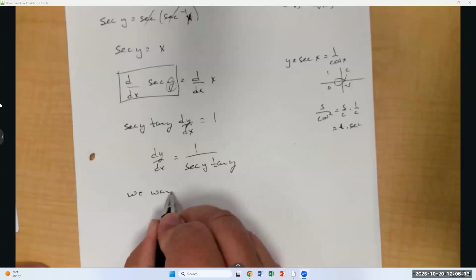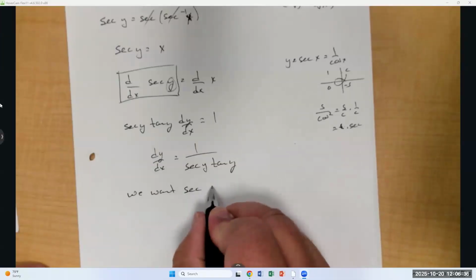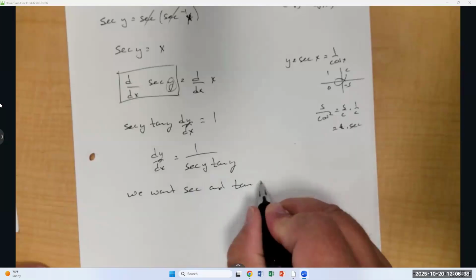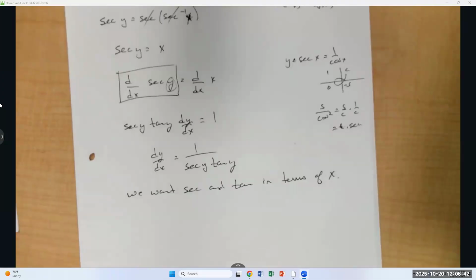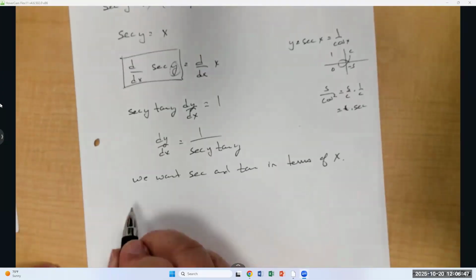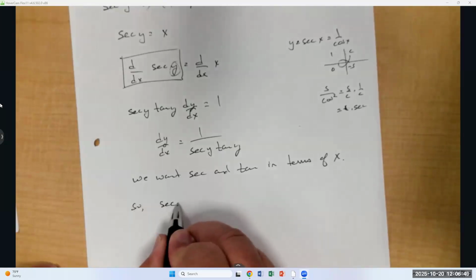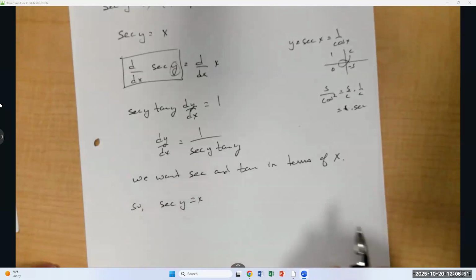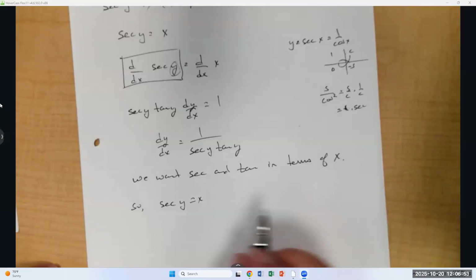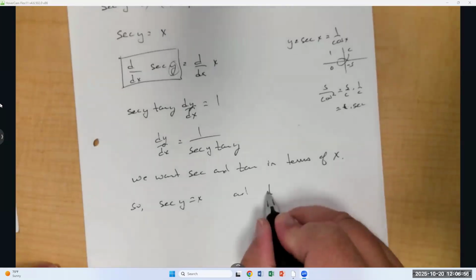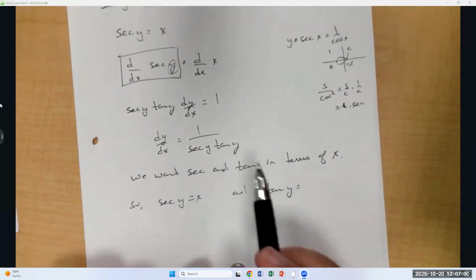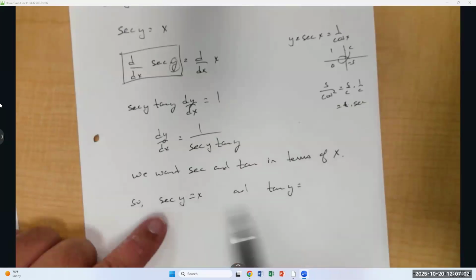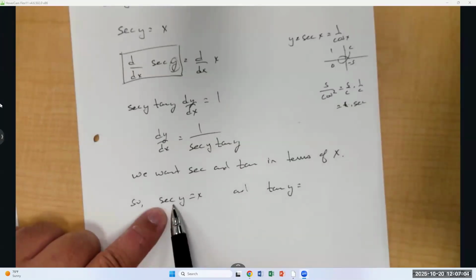We want secant and tangent in terms of x, because now they're in terms of y. So we have secant y is equal to x, and tangent y is equal to, because we want tangent in terms of secant.